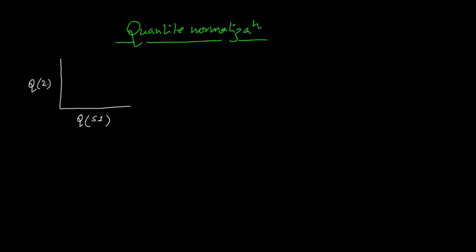Okay. So now if you want to get the quantiles of two different samples, you sort sample 1, all the values. If you sort in increasing order, the first value is your lowest quantile, and the corresponding value will be in the sorted sample 2, right? So this is sample 2.